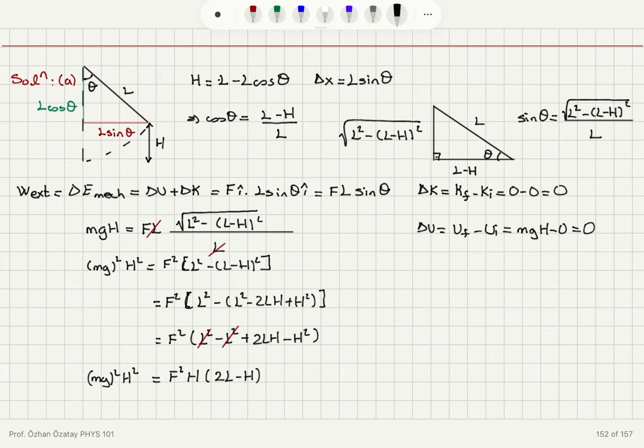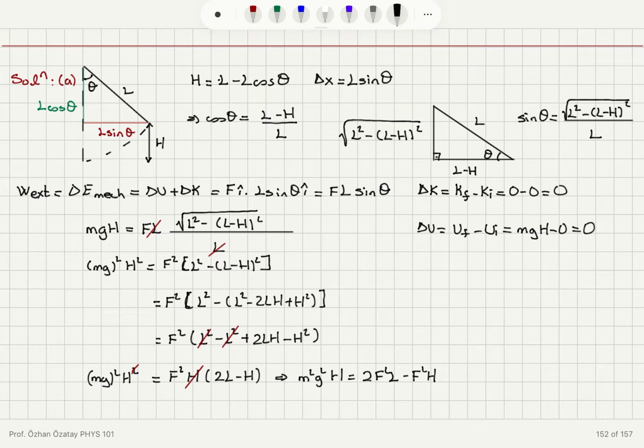So if h is non-zero, h can be zero of course, that's one solution, at the bottom. If h is non-zero, we can cancel one of these h's, and then we will find that m squared g squared h equals 2F squared L minus F squared h.